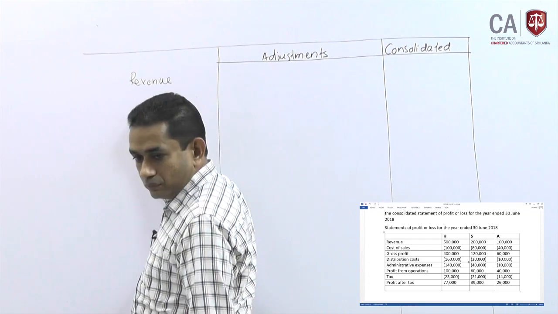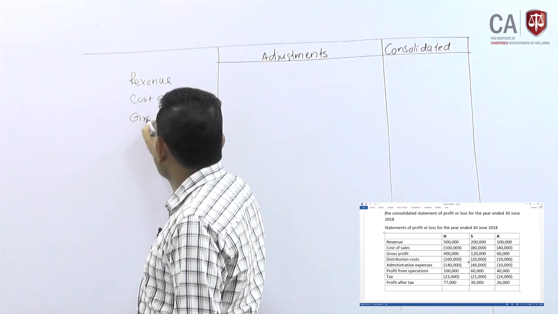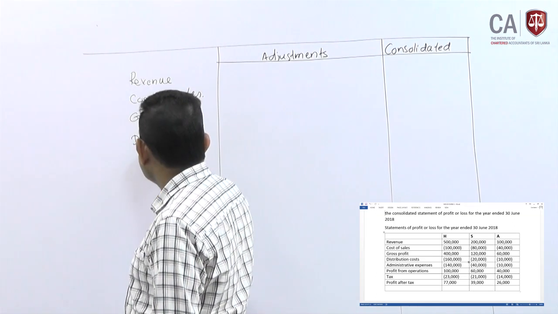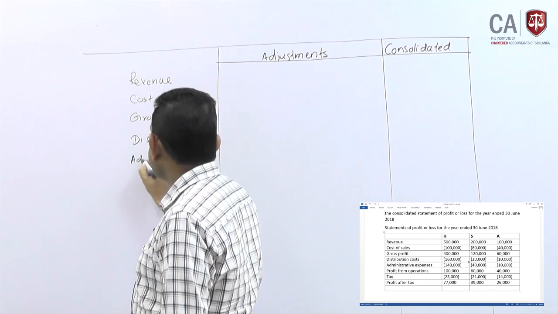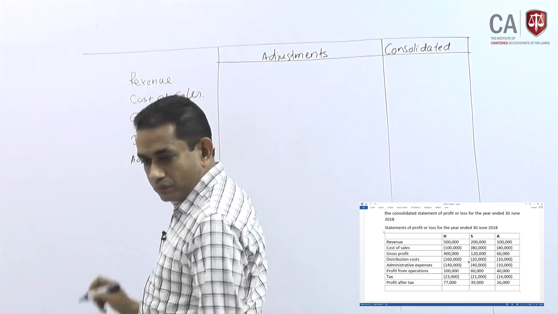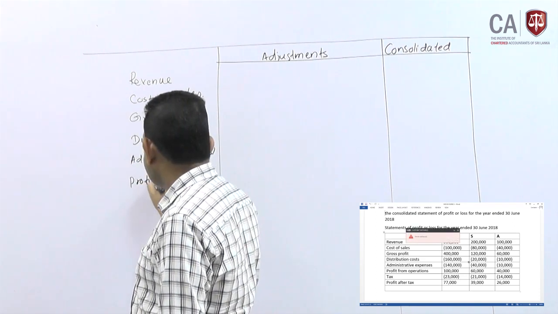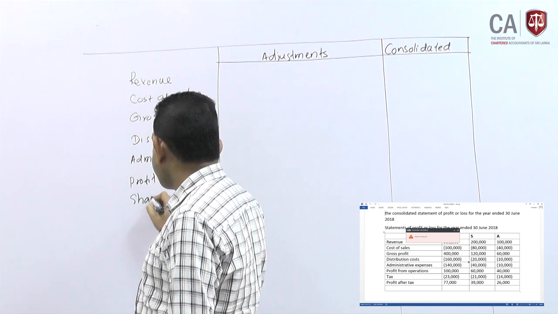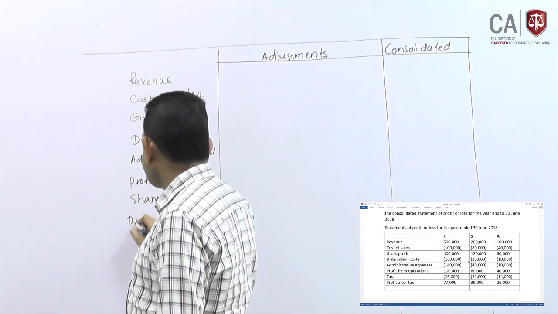Revenue, cost of sales, gross profit, distribution cost, administration cost, finance cost is not given, profit before tax, share of associate profit, profit after tax.